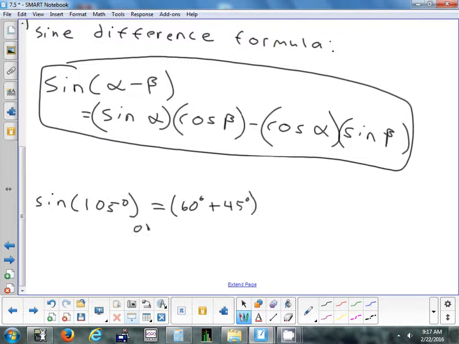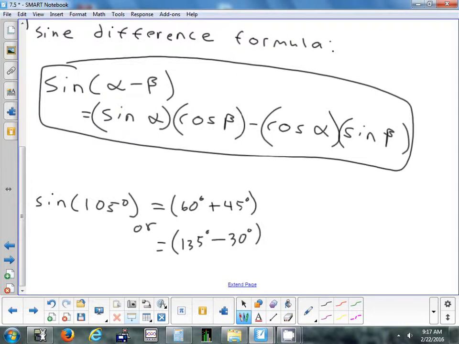Okay, or, can anybody think of a way to write 105 as a difference? Yep, 135 minus 30. It does not matter which way you do it. It'd come out the same either way.